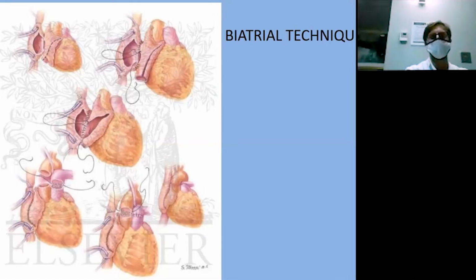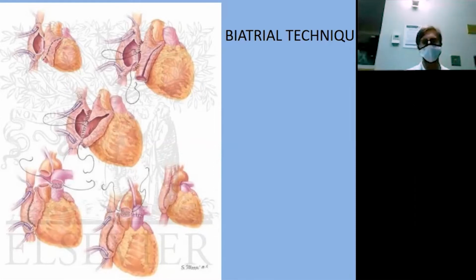It's important to know because that does have consequences that we'll talk about. It's a little bit quicker ischemic time to do biatrial, but it does have more potential damage to the SA node due to the location of anastomosis, and thus more potential bradyarrhythmias.